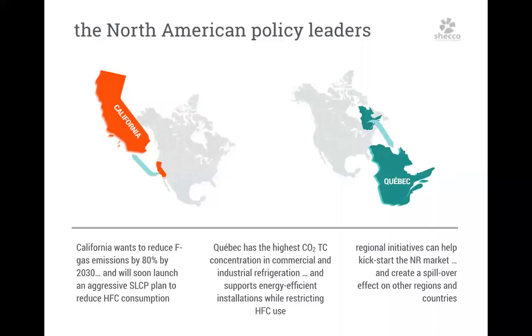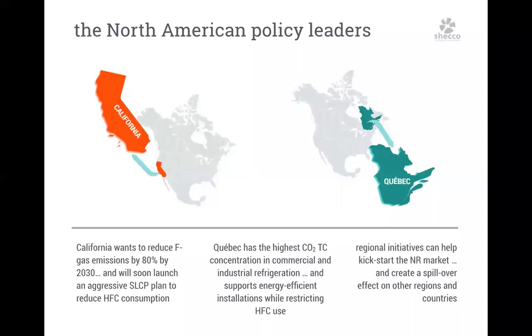We also know that they will launch a short-lived climate pollutant plan very soon, I guess in the coming days, to reduce HFC consumption, and on the other side provide incentives to those companies investing in alternatives, including natural refrigerants. More to the north in Canada, Quebec has the highest concentration of CO2 transcritical systems in commercial and industrial refrigeration, and also in low-charge ammonia systems.